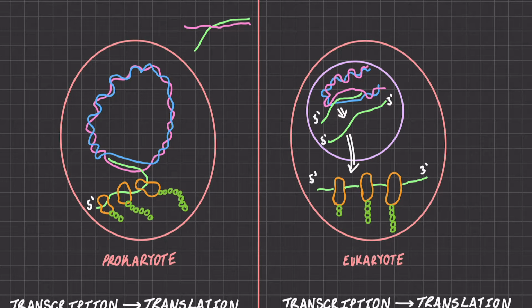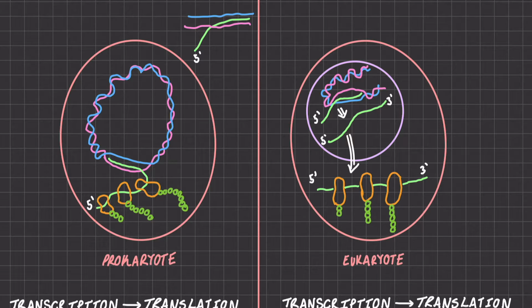So say this is our DNA, and in green we have our mRNA. And so this end here, the end that is sort of falling off, that's already been transcribed while this part is still being transcribed, that's always going to be the 5' end. That's just an easy way you can tell. It leaves first. So that's the same in a eukaryotic cell as well.